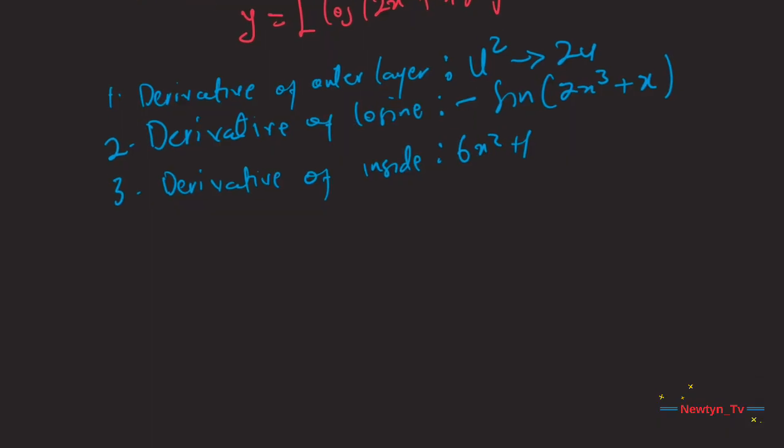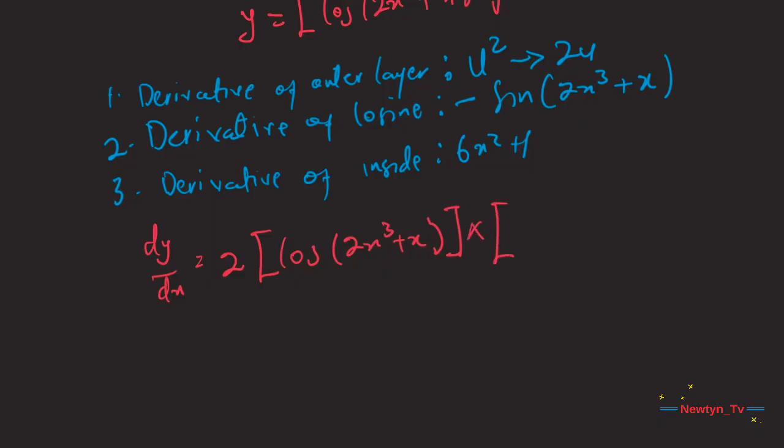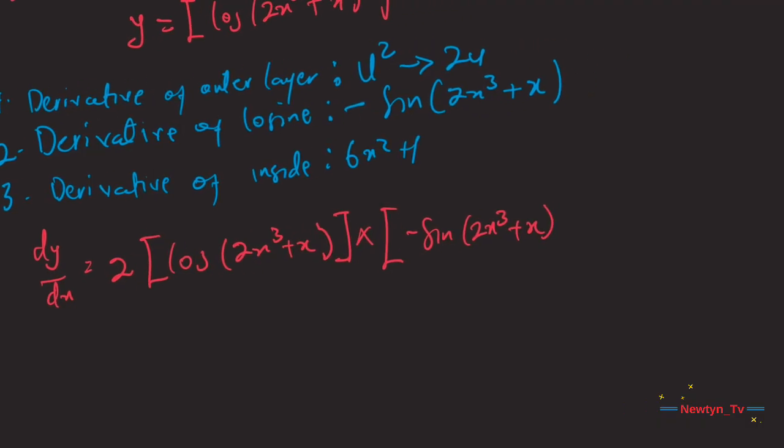So with this we will have dy/dx equal to 2 multiplying cos of (2x cubed plus x). Then you close the bracket, then you bring the big bracket right here. Then we multiply by negative sine of (2x cubed plus x). You close it, then you multiply by the last one, which is 6x squared plus 1.